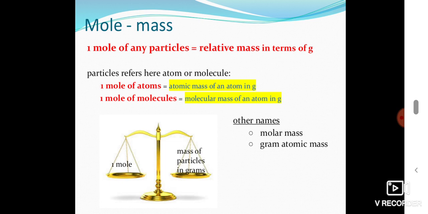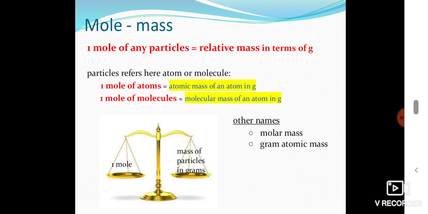Like that, 1 mole of molecules. See the second one: 1 mole of molecules is equal to the molecular mass of a molecule in grams. What is the molecular mass? The molecular mass is the mass of a molecule.